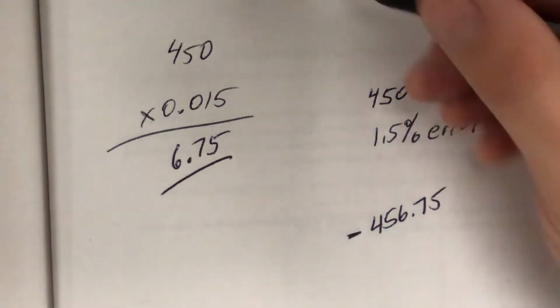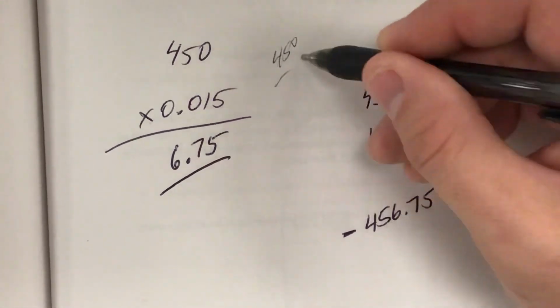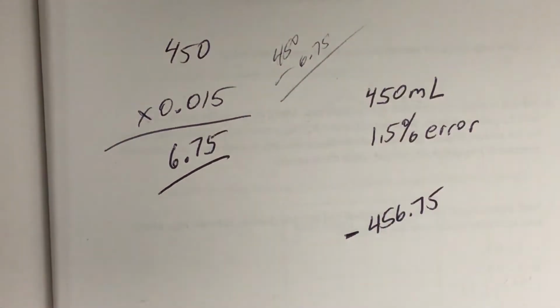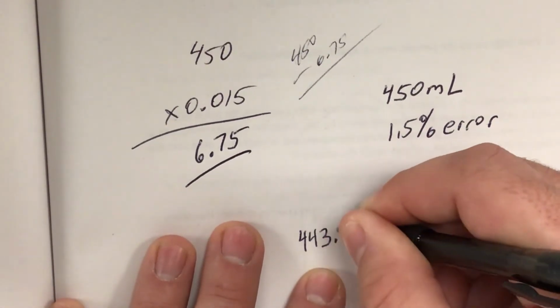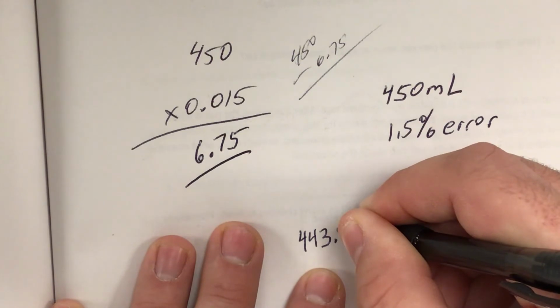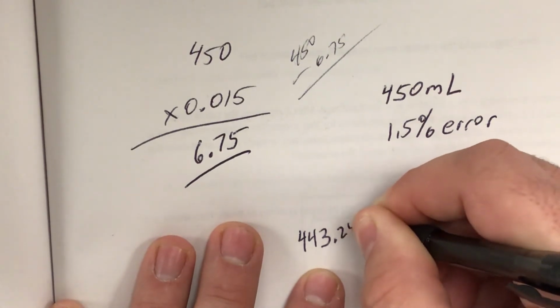So then it's going to be 450 minus 6.75, right? Point what? 2.5?